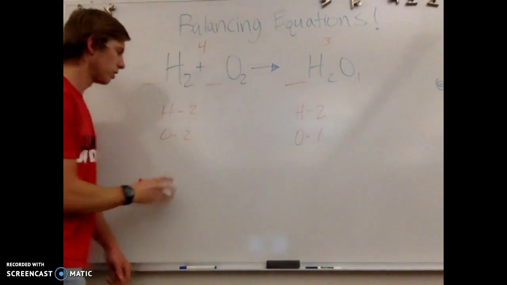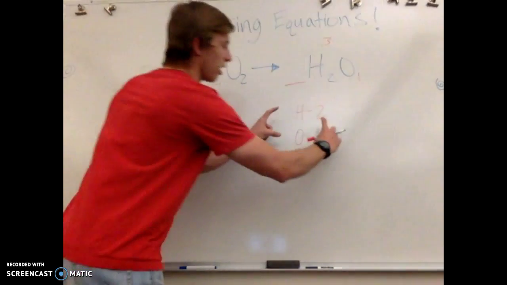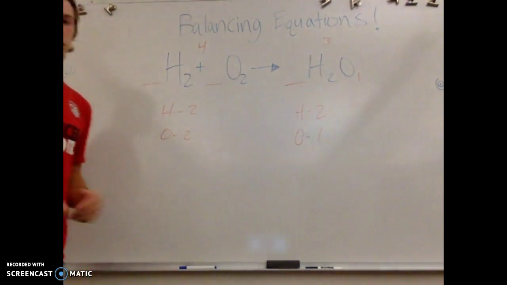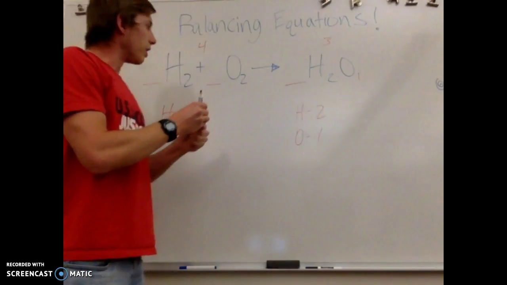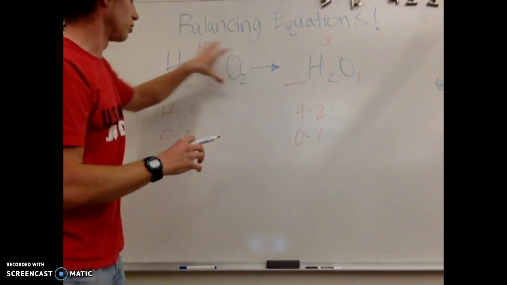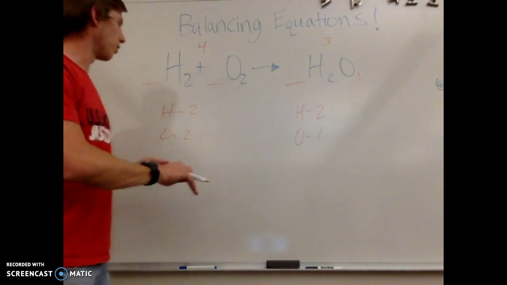So what we need to do is get the oxygens on this side the same as the oxygens on this side, and the hydrogens the same as the hydrogens. To do this, we're going to multiply each of the molecules to make it so it'll equal out.